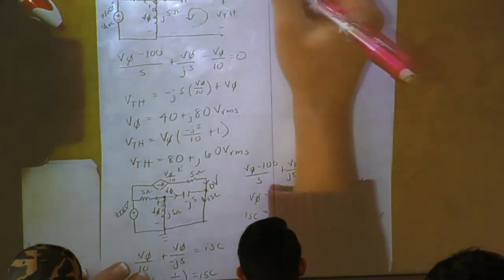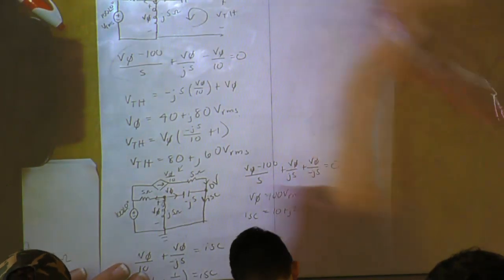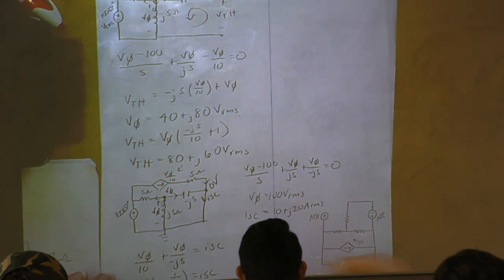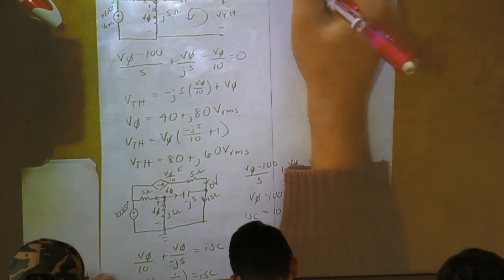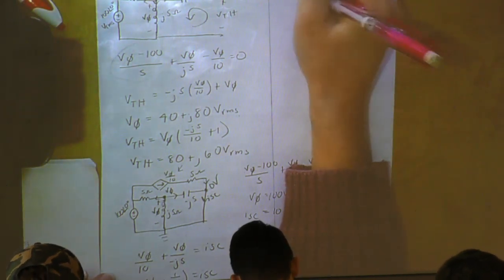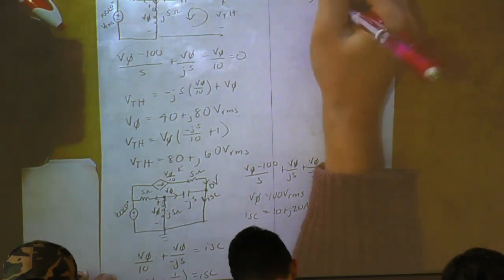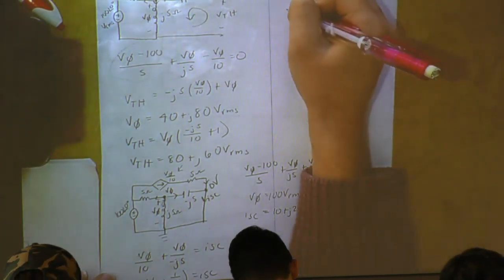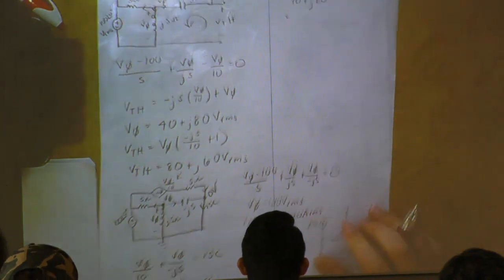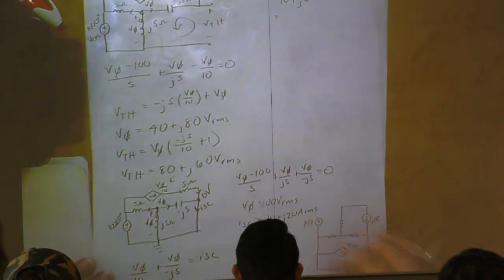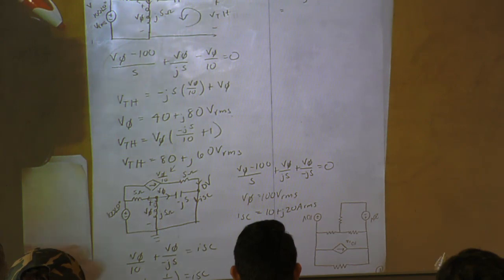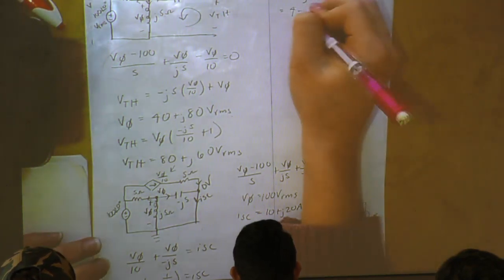To find Z_TH, simply V_TH over I_SC. So our V_TH is 80 plus j60 all over 10 plus j20. This should come out to 4 minus j2.